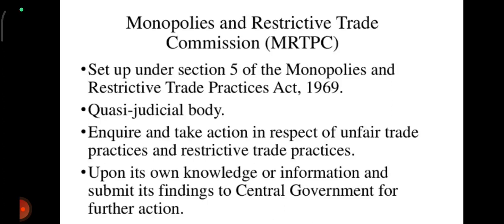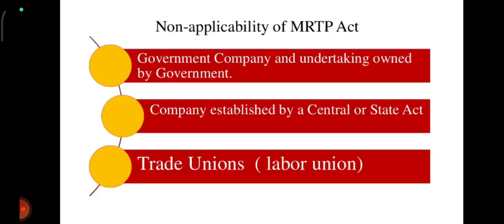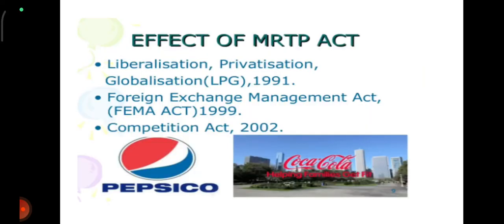It inquires and takes action in respect of unfair trade practices and restrictive trade practices upon its own knowledge or information and submits its findings to the central government for further action. Non-applicability of the MRTP Act. What comes under non-applicability? The government company and undertakings owned by a government company. Second is a company established by a central or state act. Then a trade union or labor union.